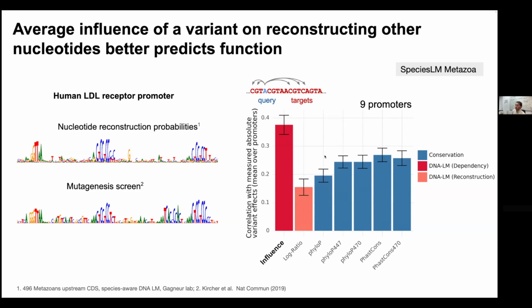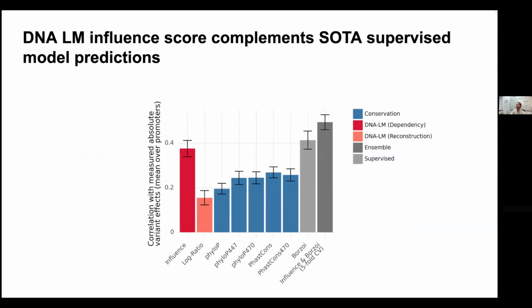All right, so to put this into perspective, we also wondered what the performance of state-of-the-art supervised models would be at this task, although it is not the purpose of this project to compete against supervised models. If you run Borzoi, the state-of-the-art model that predicts RNA-seq profiles and by extension RNA abundance, the performance of Borzoi is slightly better than the influence score.